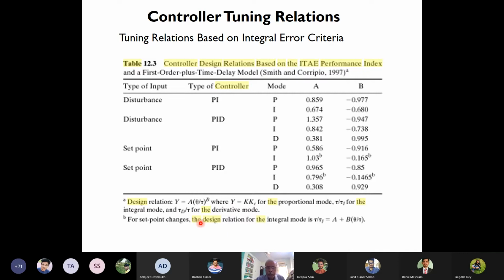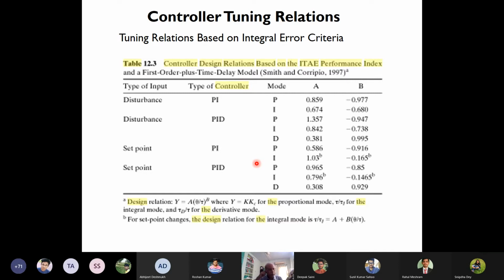And for set point changes, the design relation for the integral mode is tau by tau I is equal to A plus B theta by tau. So this way we can get the PID parameters using the ITAE performance index.